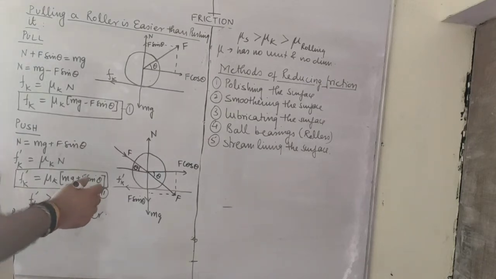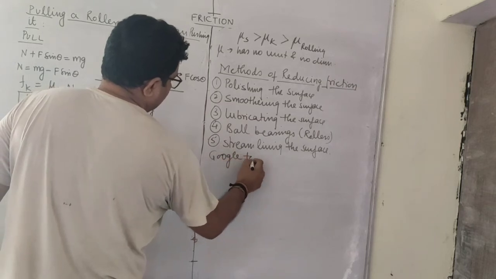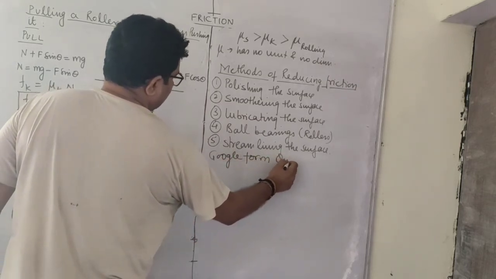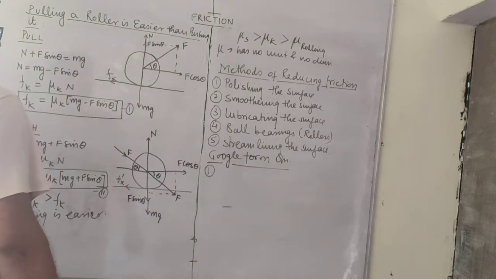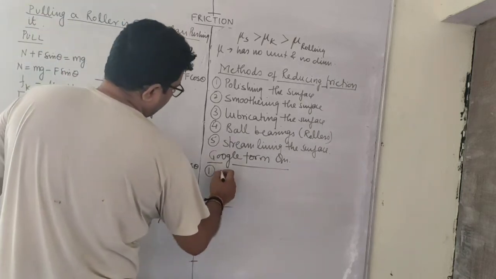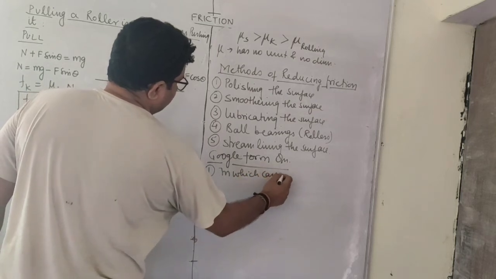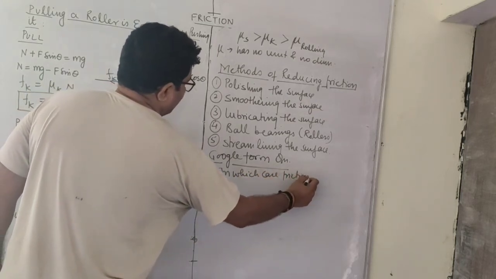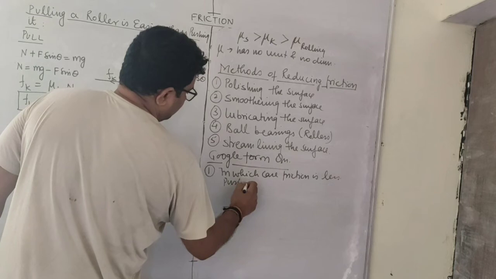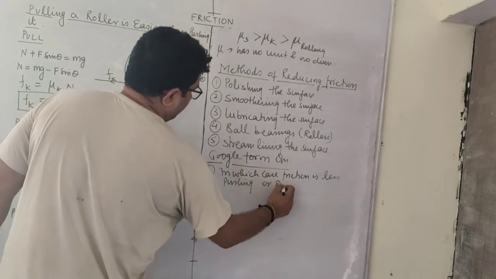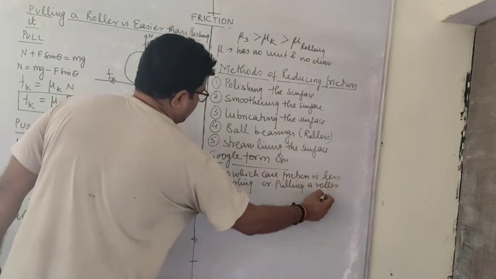Now there are two questions for your Google form. First one: in which case is friction less, in pushing or pulling a roller? You have to write your answer.